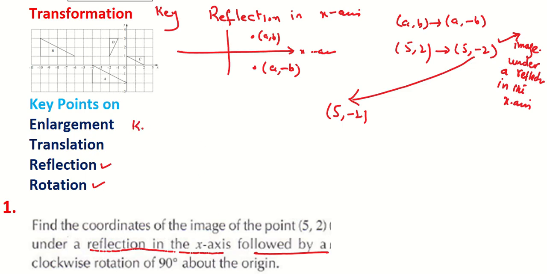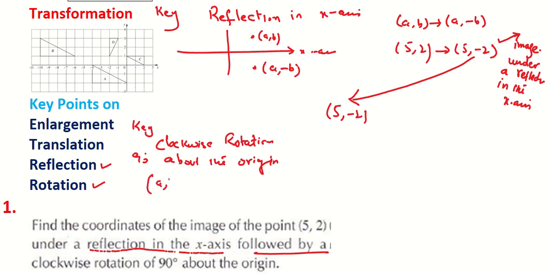Now another key point, to find the clockwise rotation of 90 degrees about the origin, we just change (a, b) into (b, -a).